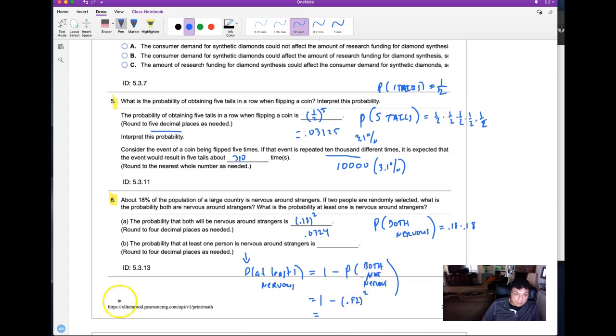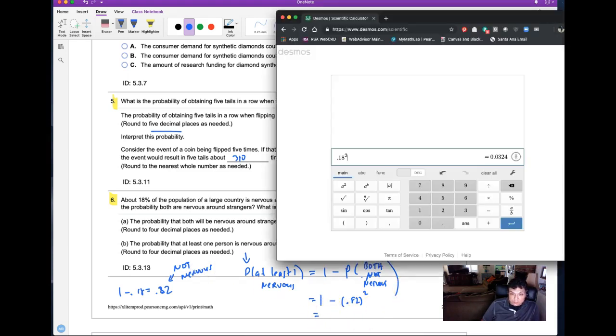And so that's where that comes from. 1 minus 0.18 is 0.82. And so this is the not nervous people, and you want to keep that in mind. And so in this case, our answer would be 1 minus 0.82 squared.